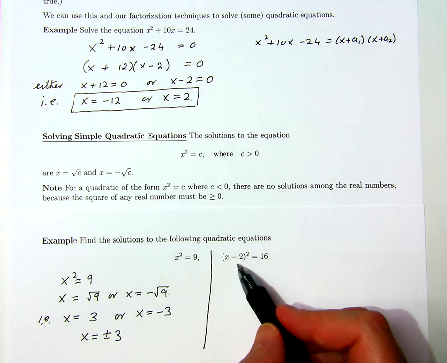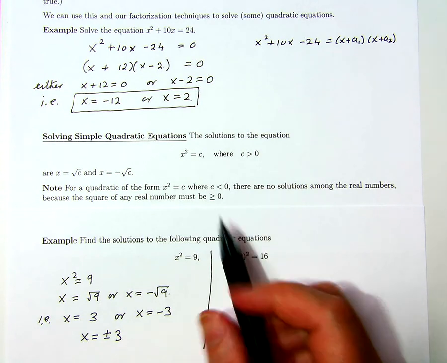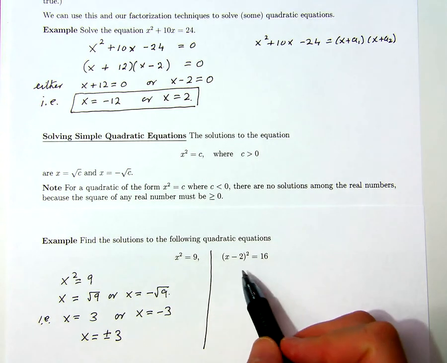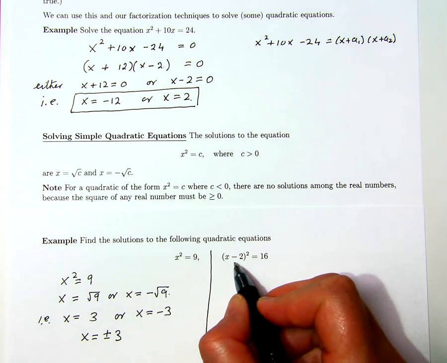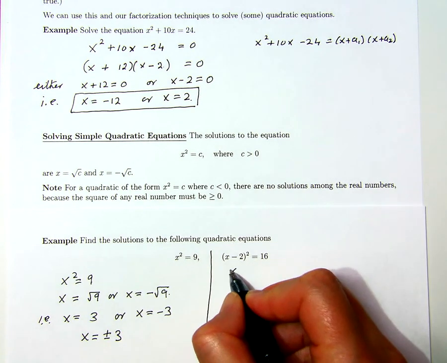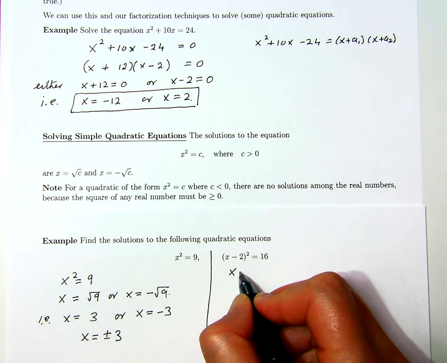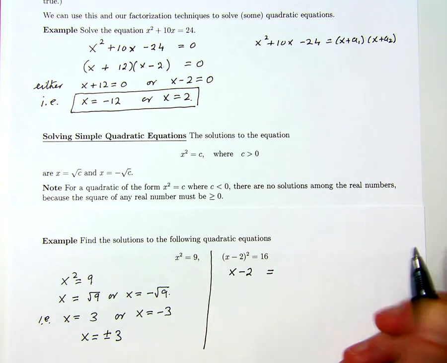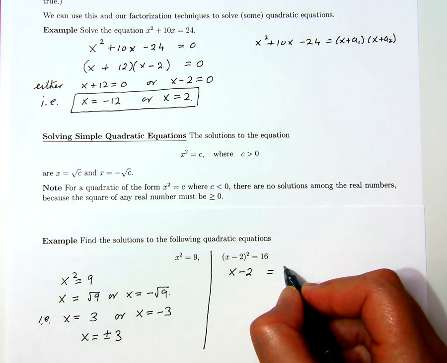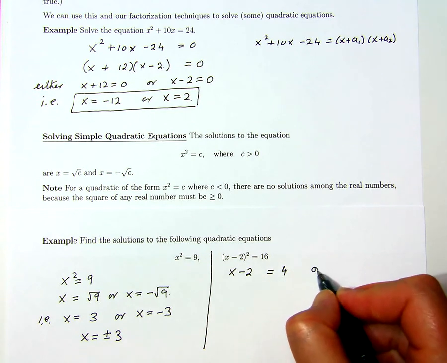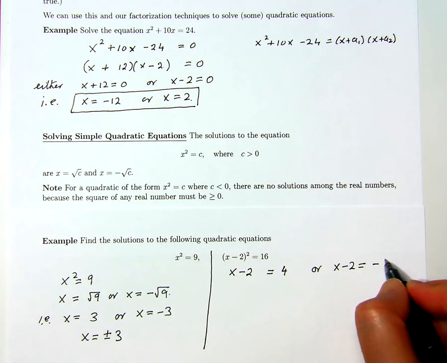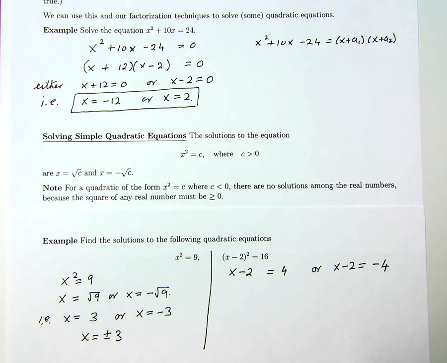Now, this one isn't exactly in the simple form, but I can still use the general solution here to solve this equation. So instead of x squared, I have x minus 2 squared, and that means that if x minus 2 squared equals 16, x minus 2 equals plus or minus the square root of 16. So x minus 2 equals 4, or x minus 2 equals minus the square root of 16, which is minus 4.